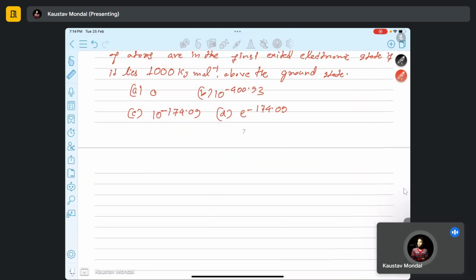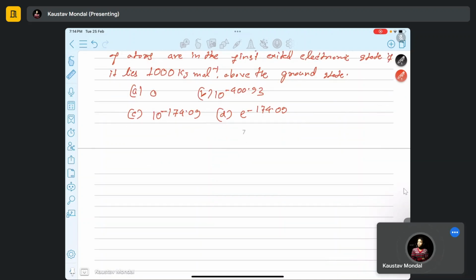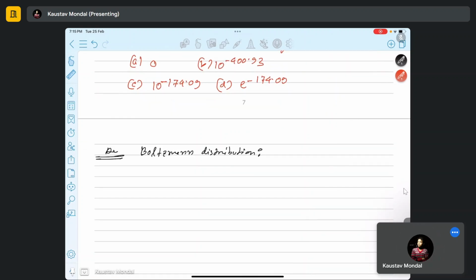in order to solve this problem, we have to basically use the Boltzmann distribution. Let me write the Boltzmann distribution properly here. Suppose there are two states, one is the excited state and one is the ground state.